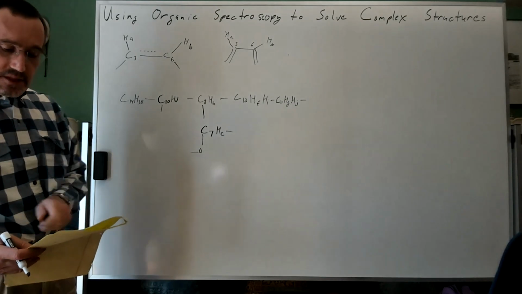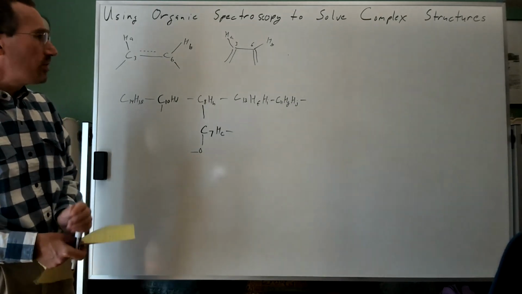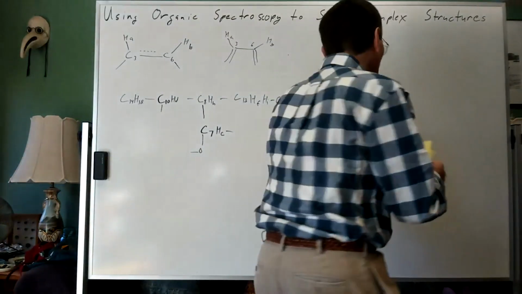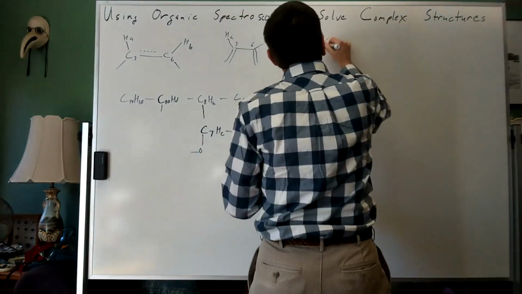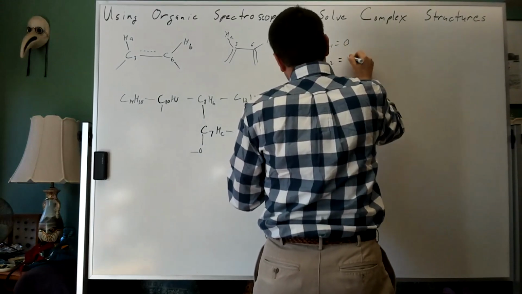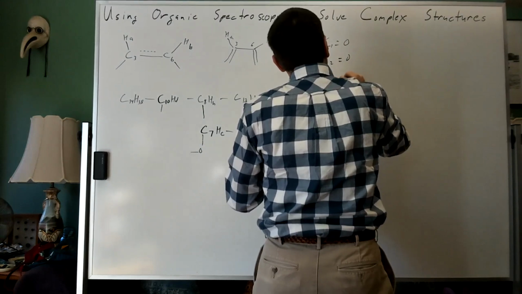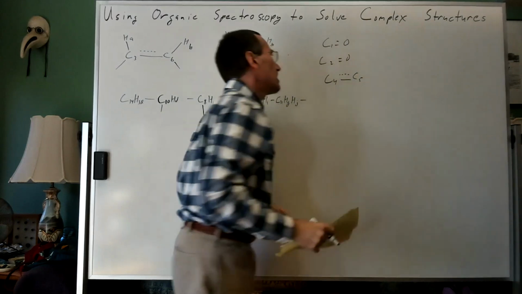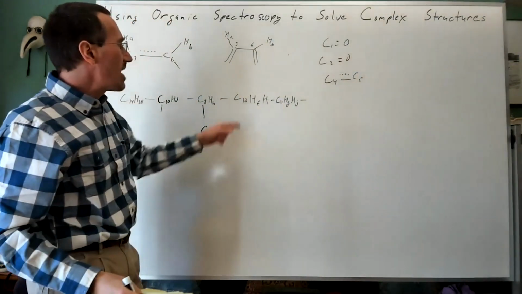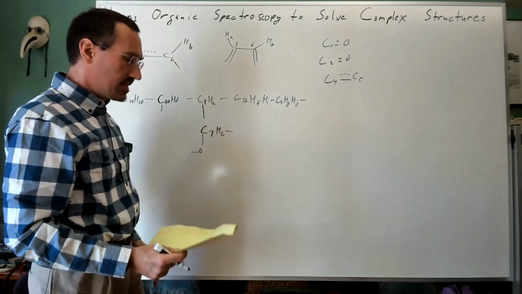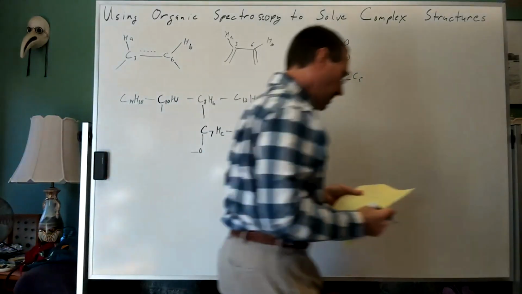All right. At this point, I find it useful to continue to keep track on a sort of a scorecard of what we have outstanding. So we have our C1 carbonyl, our C2 carbonyl, C4, which I think might be double bonded to C5. Although, as I said, there could be other ways to put this together.